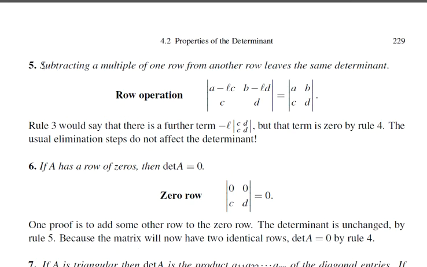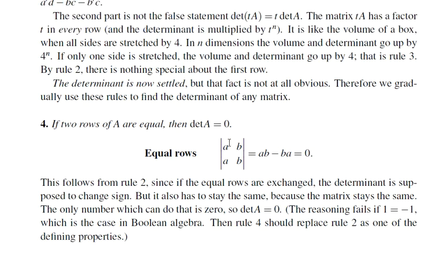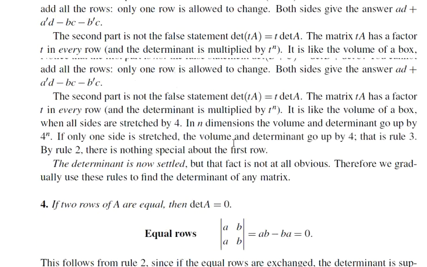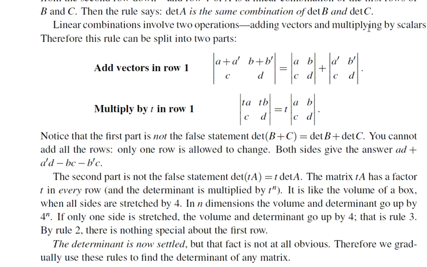The next property is regarding subtracting a multiple of one row from the other, as we are already familiar with from the last chapter. Suppose A, B, C, D is our determinant. If we want to operate, we can change the first row, and we can operate on the second row also.